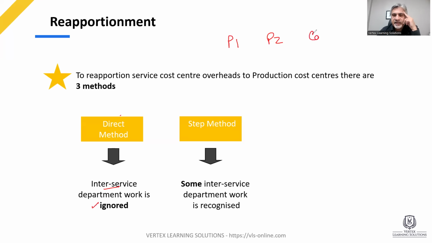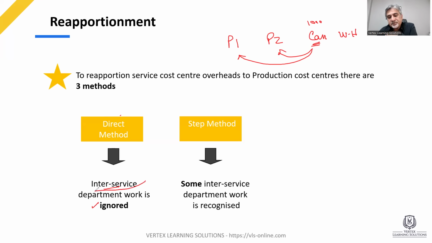This is your canteen and this is your warehouse. So we just discussed that canteen is actually working for production department 2 and production department 1, and therefore whatever is the cost of canteen, we have to transfer it to these two production. This is what we just discussed.